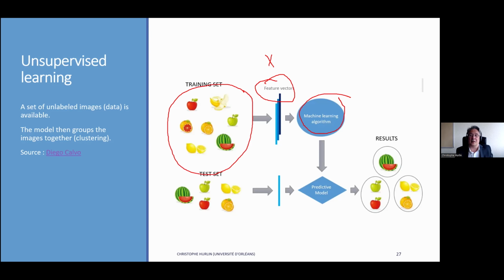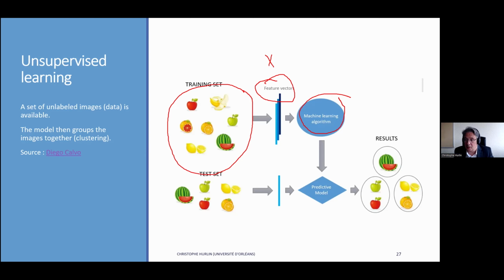For instance, the model will produce a cluster of the fruit images that are yellow, a cluster of fruit images with leaves, and another cluster in which there are only watermelons. So there are clusters of images given their characteristics: the weight, the shape, etc.